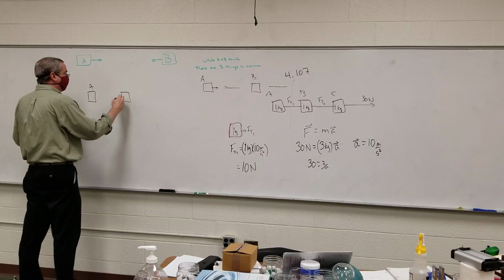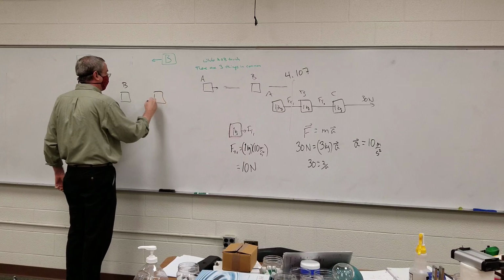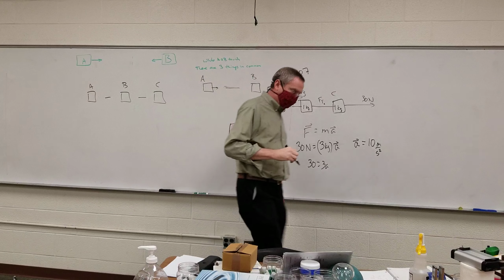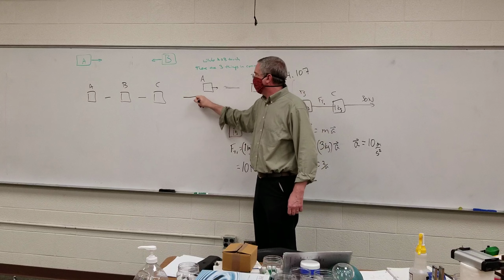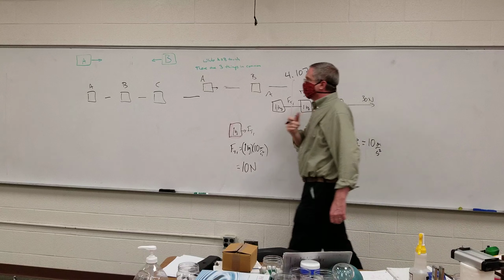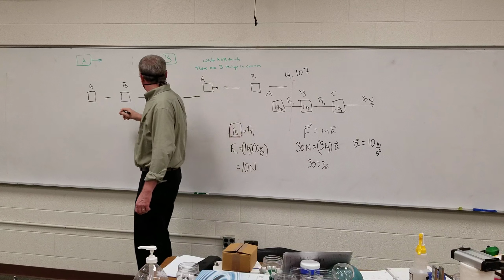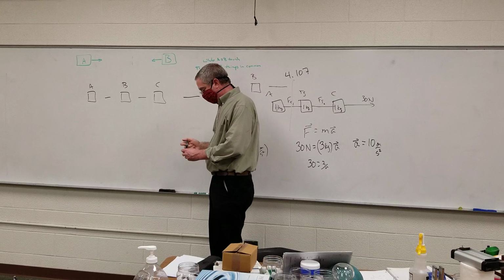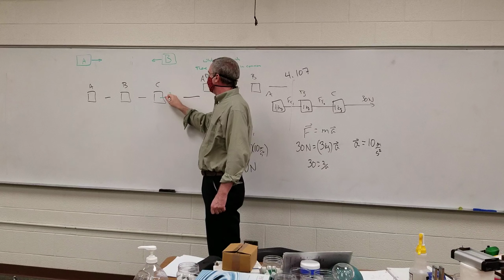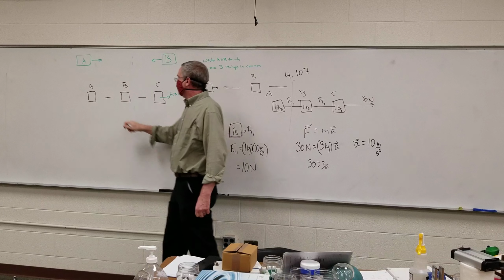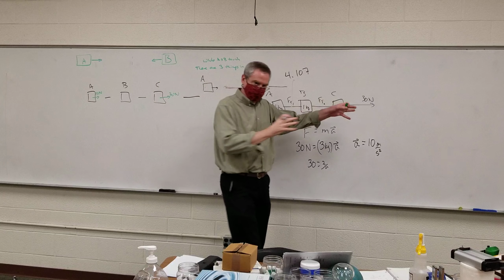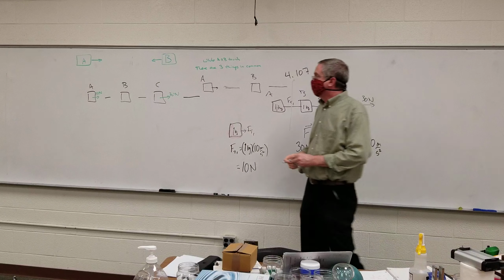A, B, C. Technically, there's a rope there too. So I have already established 30 newtons pulling here, and I have 10 newtons pulling here. That's what we've done the calculations for already.